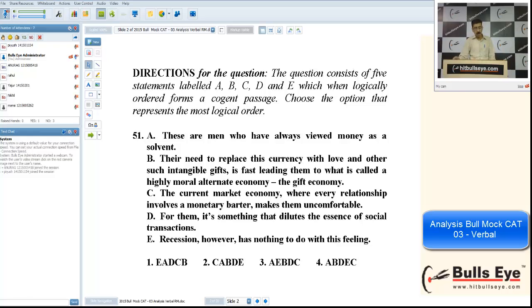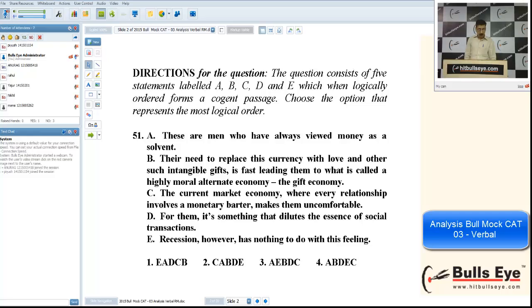We are talking about some sort of feeling, and this feeling has been highlighted in the rest of the sentences. So it is primarily about feelings related to money. It is not about men who feel something like this. It is about the feeling and what they feel about it. What they feel is more important.